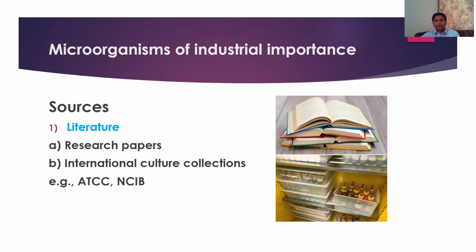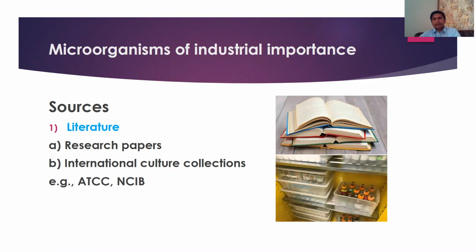Whenever we see the literature, the thing that should come to our mind is the research papers. Going through the research papers is the fundamental requirement in order to obtain knowledge about the industrial microorganisms that are known to produce particular bioproducts.